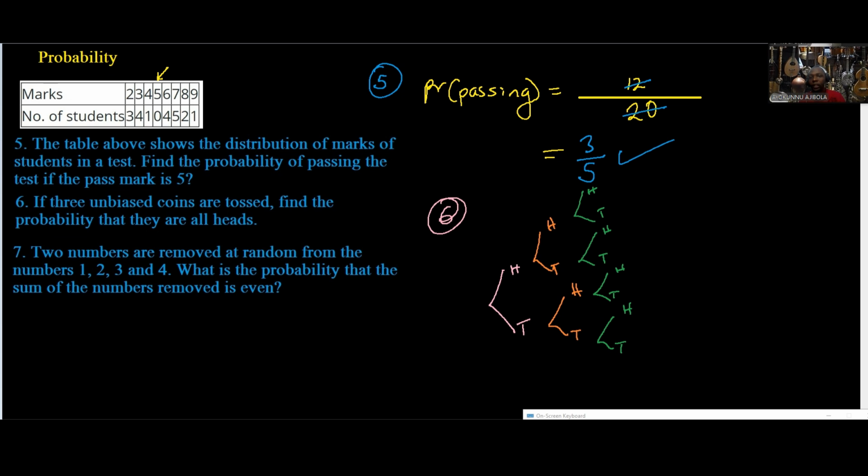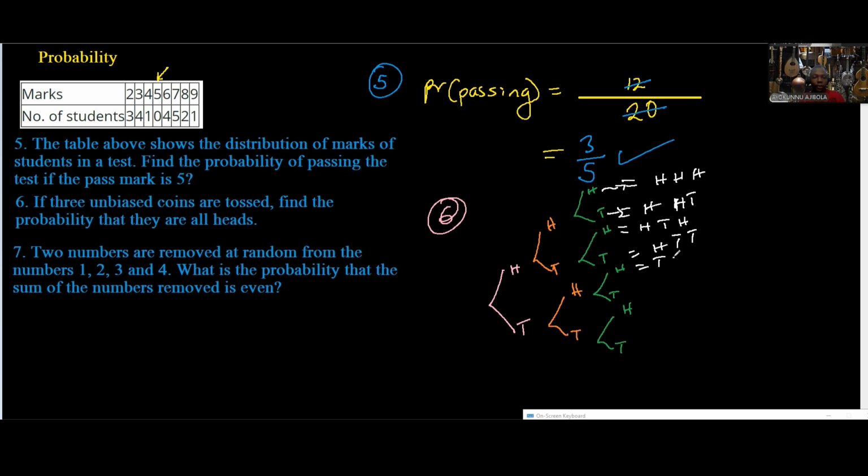So to get our sample space, we're going to have all of these: head, head, head on the first part. Then head, head, tail, and this one is head, tail, head, then head, tail, tail.